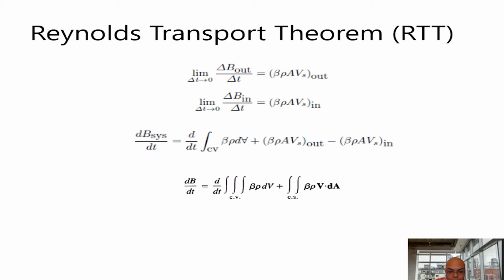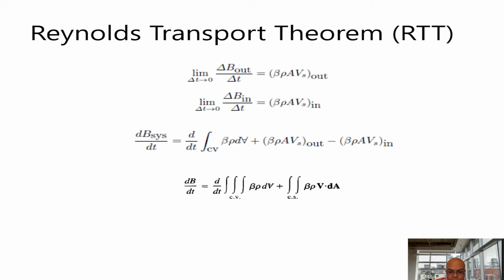When we see the Reynolds transport theorem, this is the equation. DB by dt is equal to d by dt of the integration of beta rho d volume over the control volume, plus the surface integral of beta rho v dA.